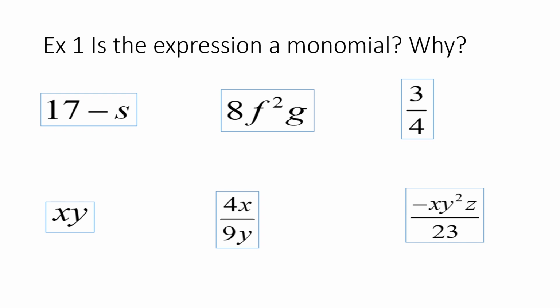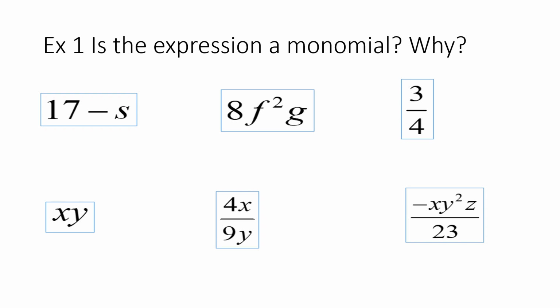So, if you are going to name it, this is a binomial. 8f squared g is a monomial. 3/4 is a monomial, but it's also called a rational number, not an algebraic expression. Then 4y as xy is a monomial, and 4x over 4y is also a monomial, but it's rational.